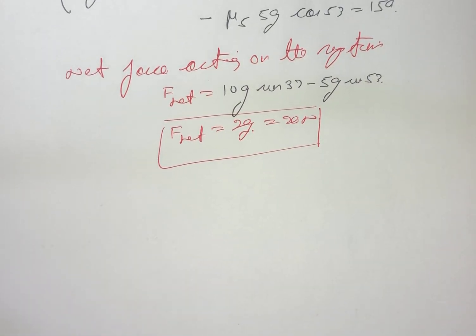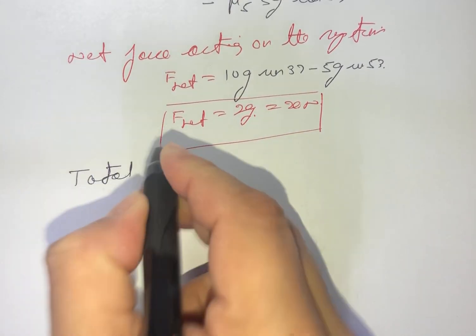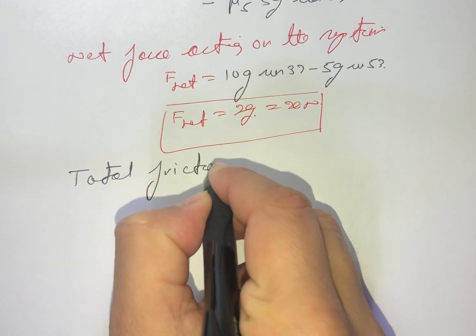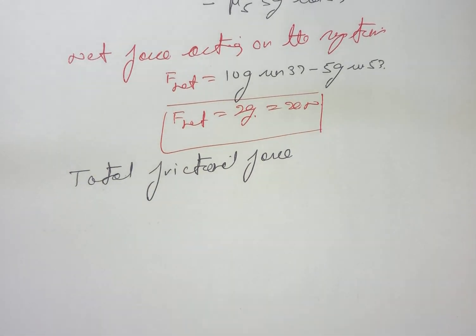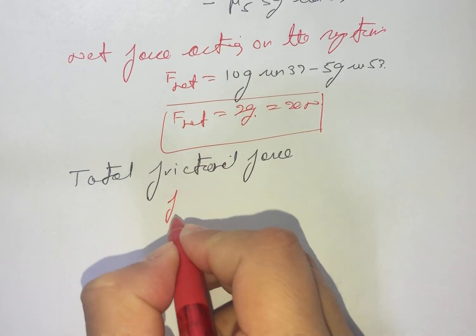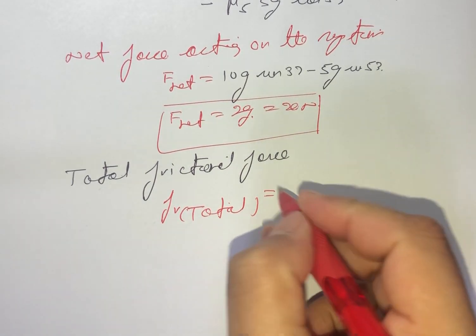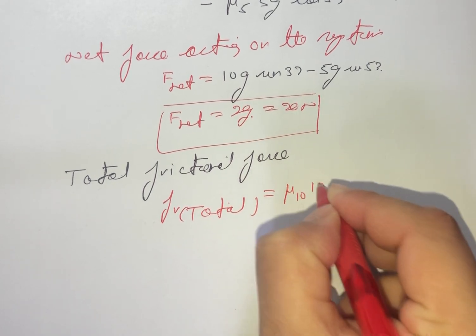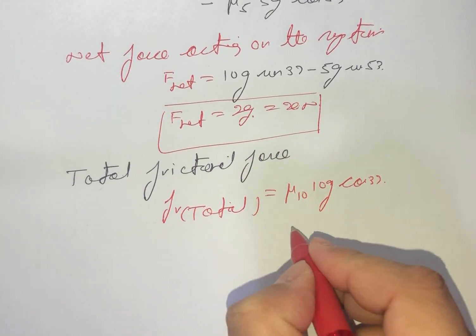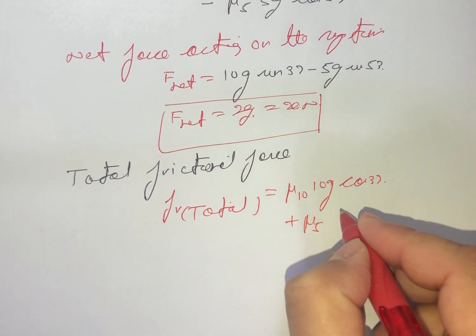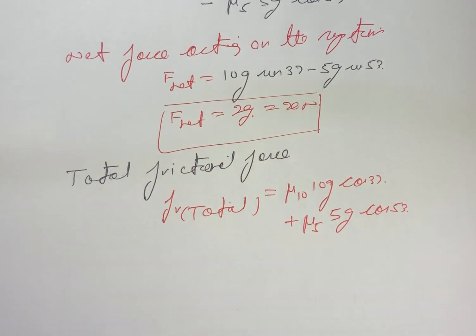Similarly, we are going to find out the total frictional force, let us call this Fr total, which will be equal to mu10 10g cos of 37 plus mu5 5g cos of 53.